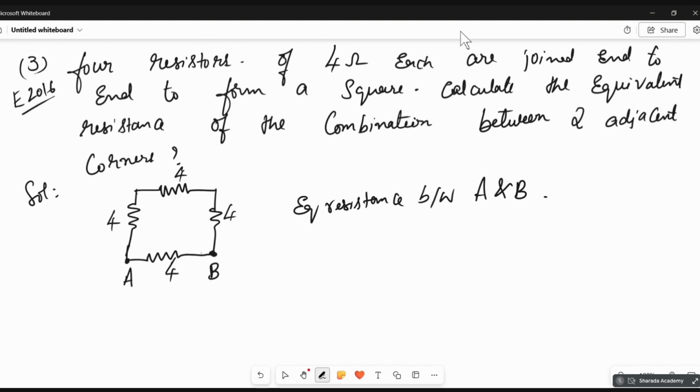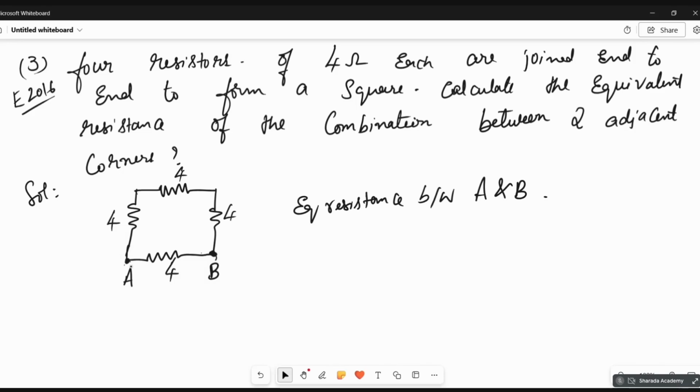See, first what he has told, four resistors are in the form of a square. You have to find the equivalent resistance of the combination between two adjacent corners. Two corners next to each other, so I'll take A and B. Now between A and B, I have to find the equivalent resistance.